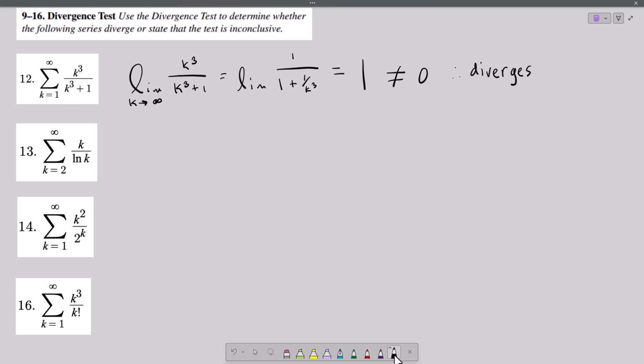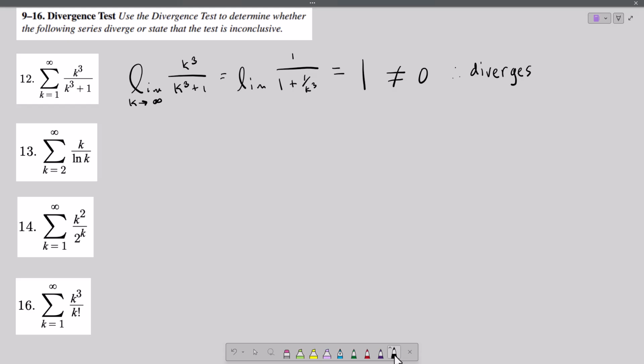So what does that 1 mean here? It means that if you go far out into the tail of the series, you are adding numbers together that are super close to 1. 1 plus 1 plus 1 plus 1. The a sub k is telling you what the value of each term in the series is.